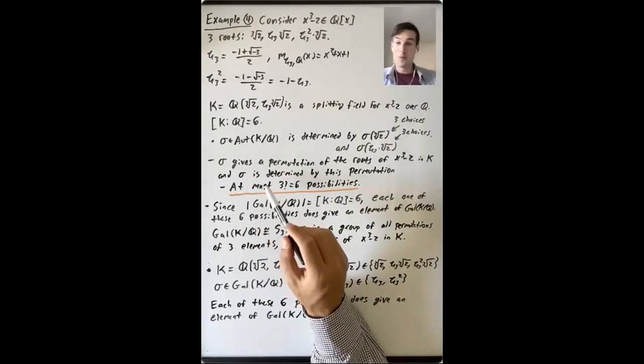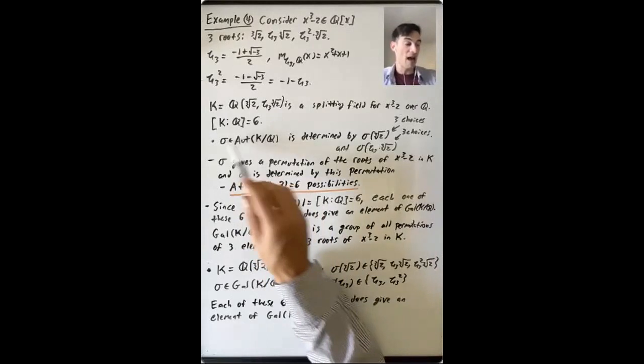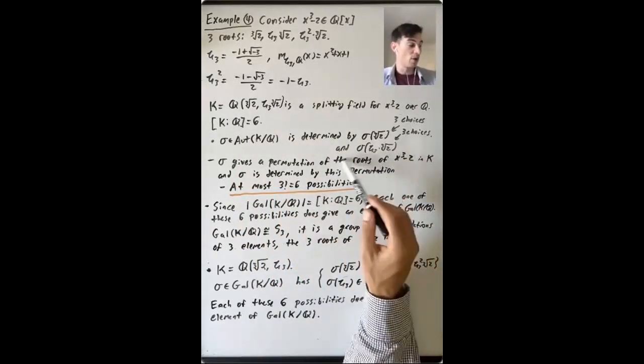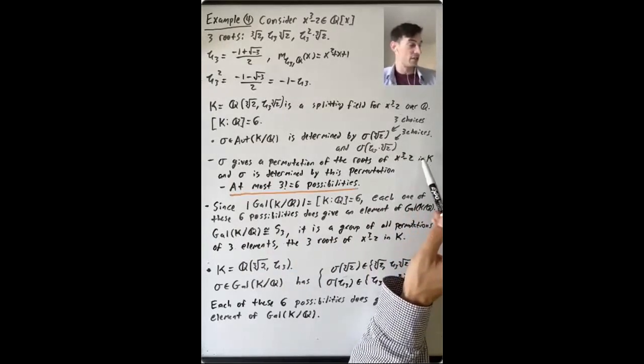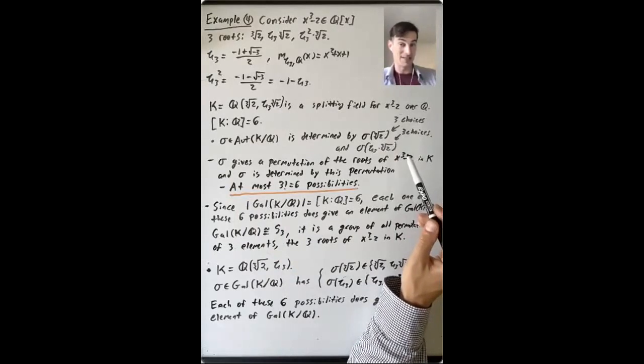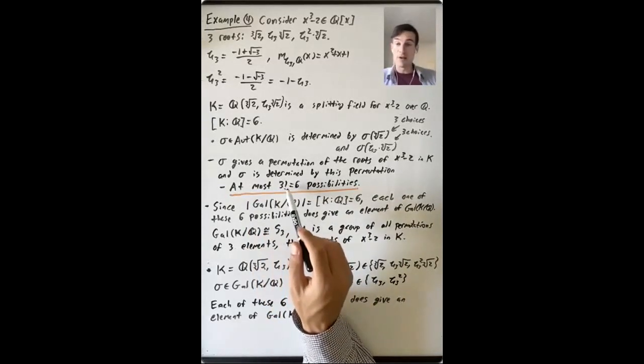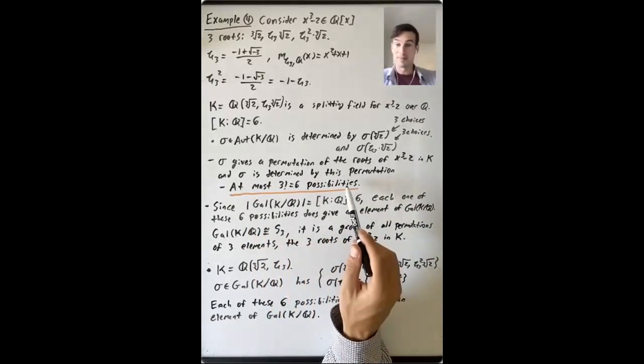So how many possibilities do we have for sigma? Well, we have as many possibilities as we have permutations of the roots of x cubed minus 2 in K. It's not clear that any one of those permutations gives an automorphism of K. But we do see that there's at most 3 factorial, 6 possibilities.